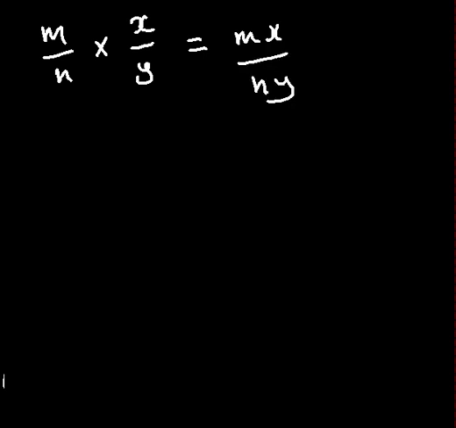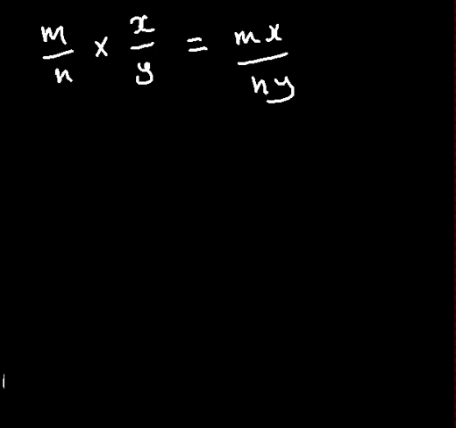Let's see how we can multiply or divide algebraic fractions. By the way, you should understand that if we have m over n times x over y, this is the same as having mx divided by ny.